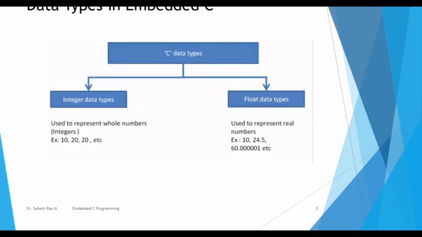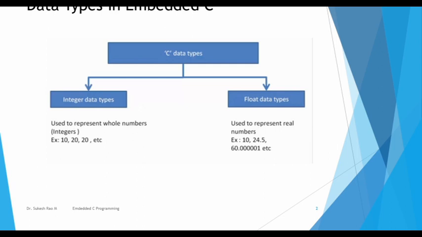So, data types used in embedded C. In C, we can find two types majorly, that is integer data types and floating data types. The integers are whole numbers, and they can be of different sizes. Some of the computations are made on floating data types, where fractional numbers come into the picture.